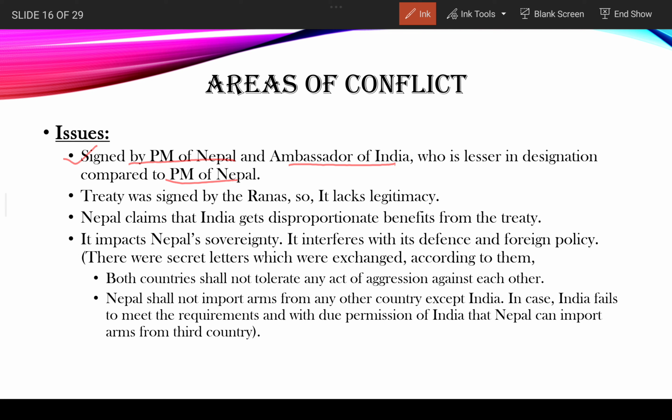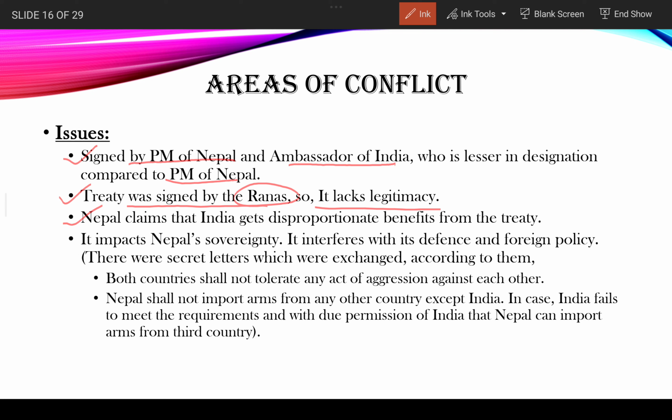Otherwise, people of the same designation sign such an important treaty. That's why this is one of the issues. Then, the treaty was signed by the Ranas, therefore it lacks legitimacy.